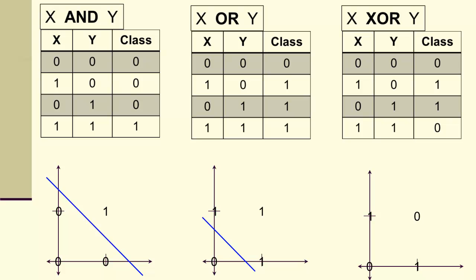Notice that when we change this last row from class 1 to class 0, representing the exclusive OR, we can no longer separate these with a straight line. A straight line here would leave a 0 on this side, a straight line here would leave this 0 on that side, a straight line here would leave a 1 on this side, and so on and so forth.